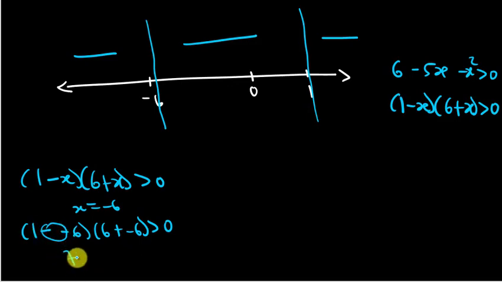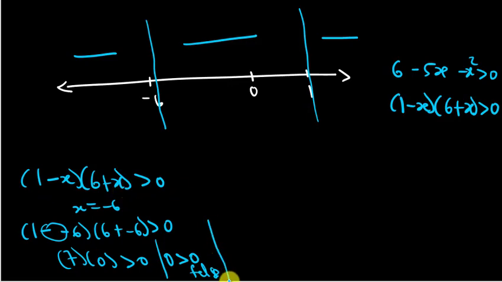And 6 plus negative 6 will give us 0. 7 times 0 is 0. So we have 0 being greater than 0. Let's analyze this statement. Is it true or false? 0 can't be greater than 0, so this statement is false. It means that negative 6 can't satisfy this particular quadratic inequality.